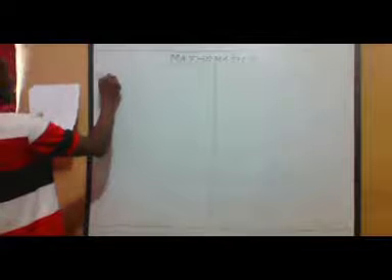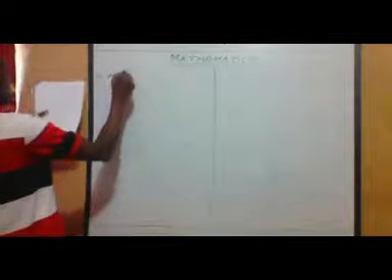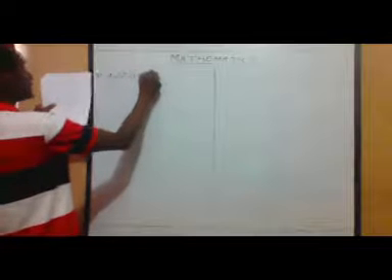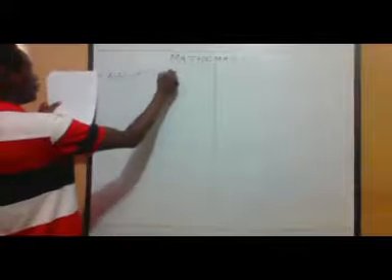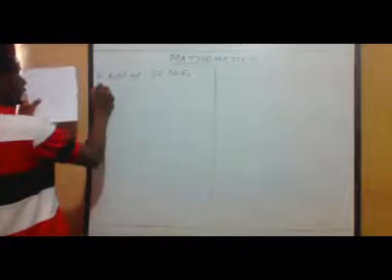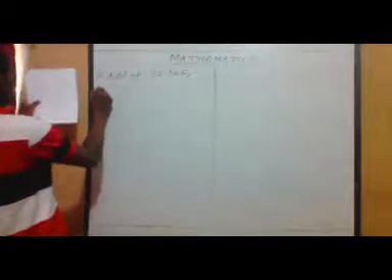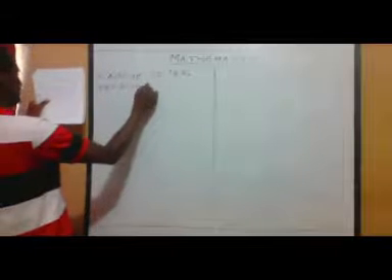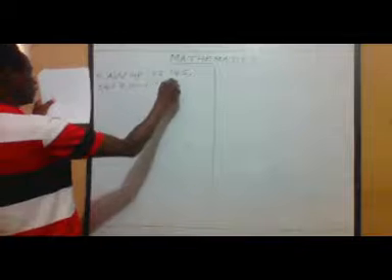Now, let's look at this. I will make it number 31. Add up 72.145, 341.2 and 1.47.